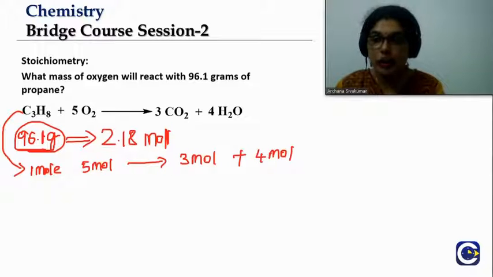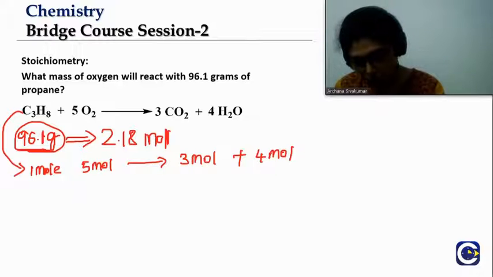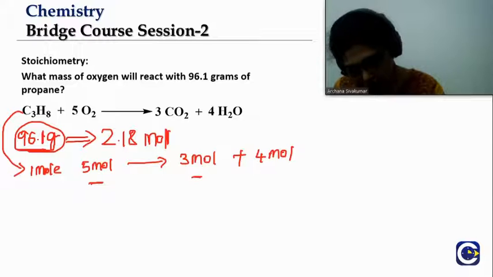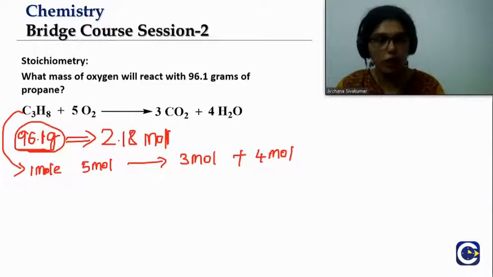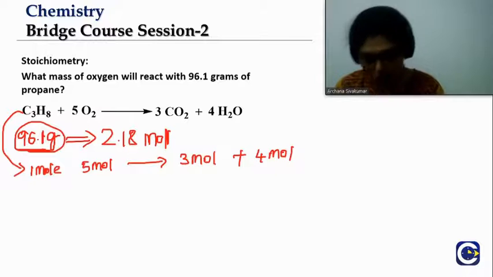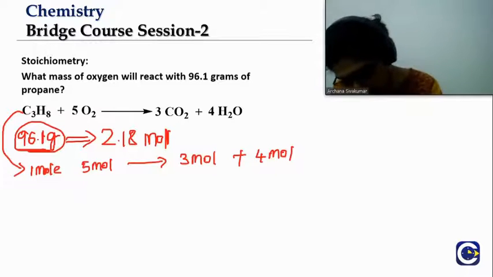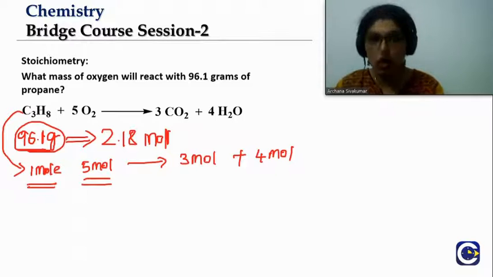Now according to the balanced equation, 1 mole of propane is reacting with 5 moles of oxygen and gives 3 moles of carbon dioxide and 4 moles of water. But the question is asking for the mass of oxygen which will react, isn't it? So how do I find out the mass now? 1 mole of propane always requires 5 moles of oxygen.